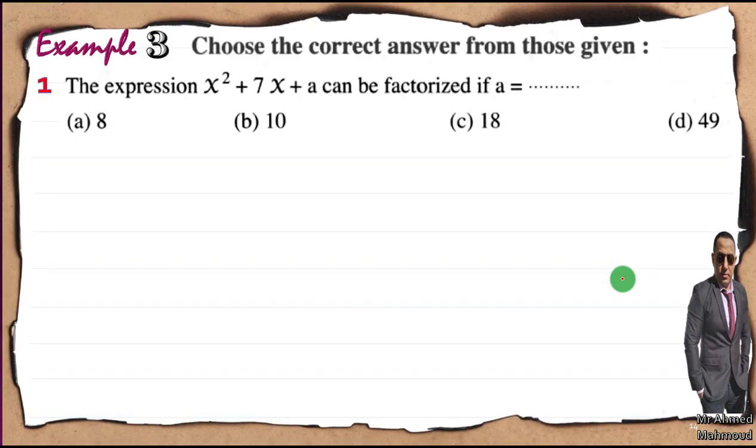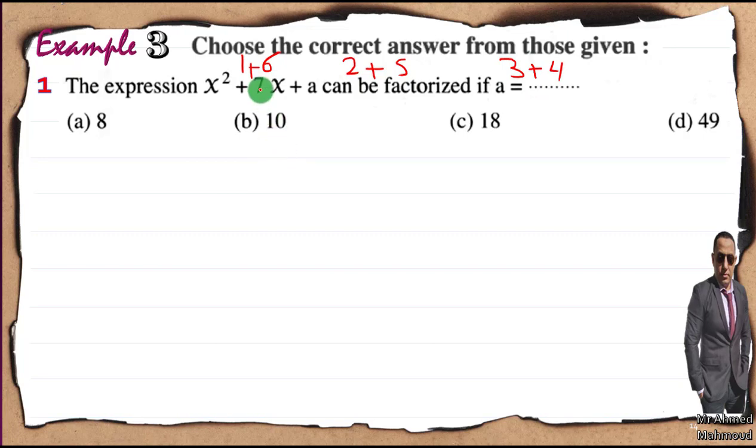Choose the correct answers. x^2 + 7x + a can be factorized if a equals what? Now a is the number that I make it factorized to. 7 equals 1 plus 6, 2 plus 5, 3 plus 4.